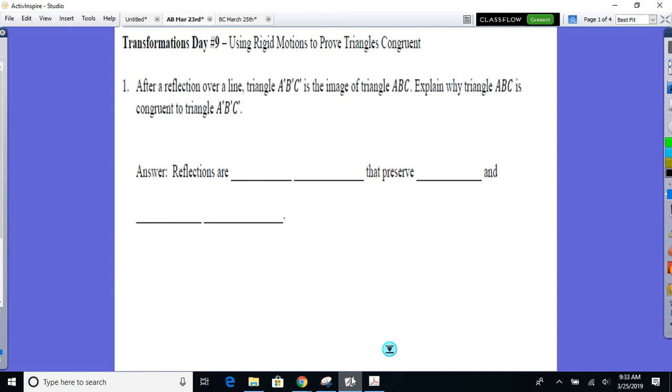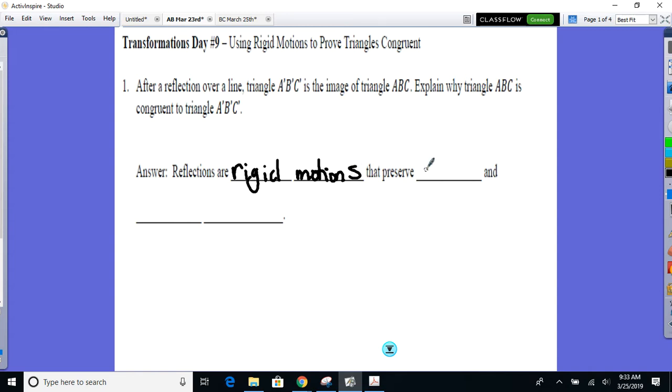So here's what I'm going to need for a solid reason. Reflections are, oh, I got two blanks. What's in the missing ones? Yes, reflections are rigid motions. So you need to state what we did, which is a reflection. You need to tell me the rigid motions that preserve two things. Need a little more than shape and size.